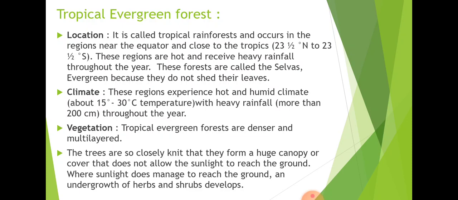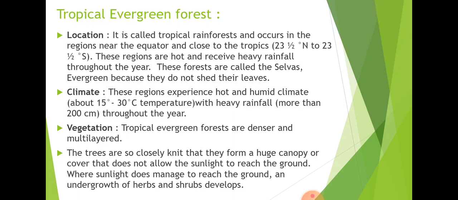So what is the tropical evergreen forest? The zone which I explained in the previous topic, that is the torrid zone. This tropical evergreen forest is found from one tropic to the other, that is the Tropic of Cancer up to the Tropic of Capricorn, in the northern hemisphere and in the southern hemisphere.